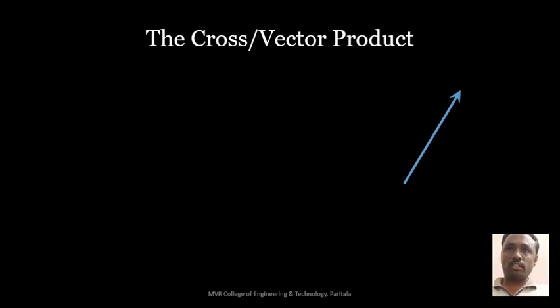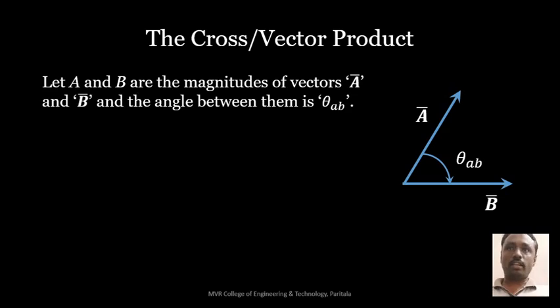So again take vector A and vector B, and the angle from A to B is theta AB. Let A and B be the magnitudes of the vectors A and B, and the angle between them is theta AB. Now how can we define the vector product?